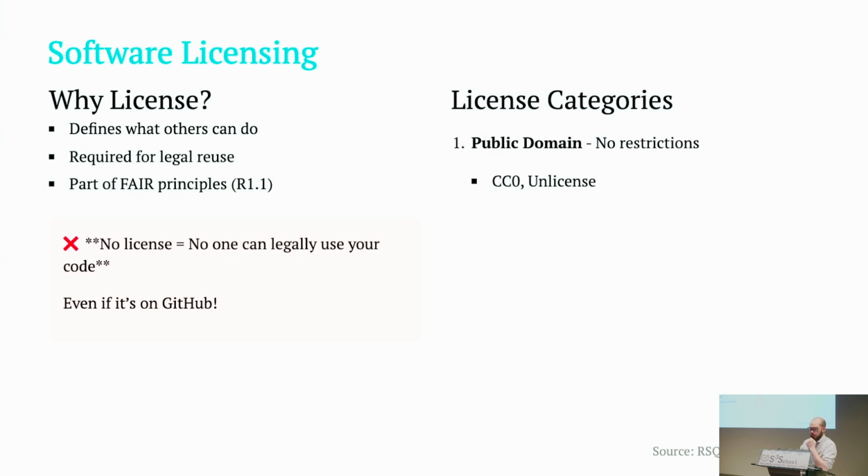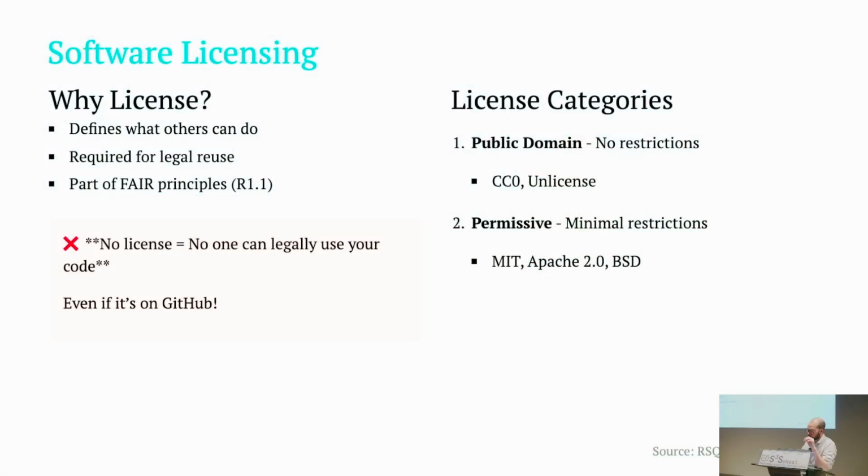There are different types of licenses, four main categories. The public domain means there is no restriction at all, so you can do absolutely whatever you want with the software or the piece of data. For example, old art pieces are in the public domain, like old songs.